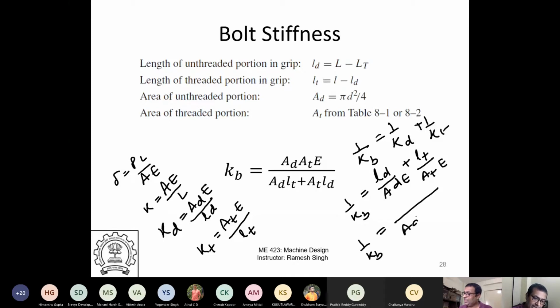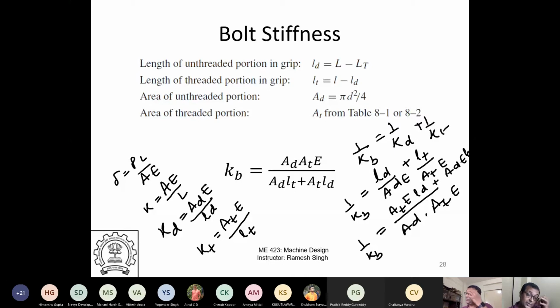Now if you do this, for 1 over KB you will get AD AT E in the denominator, and in the numerator you will get AT E LD plus AD E LT, right?